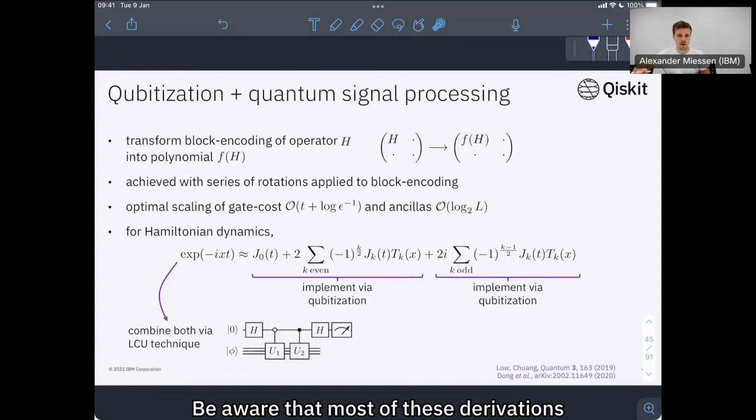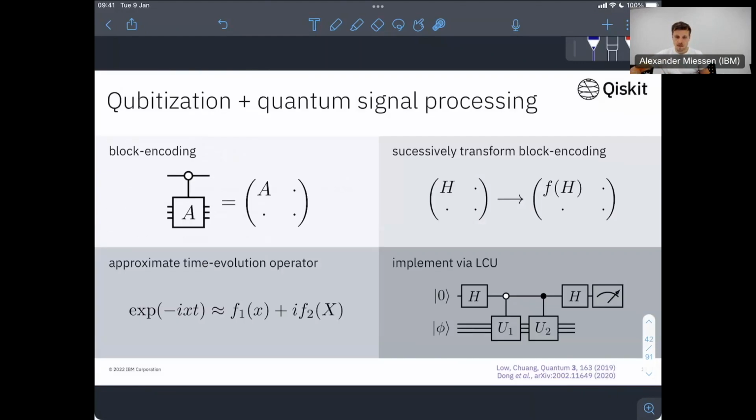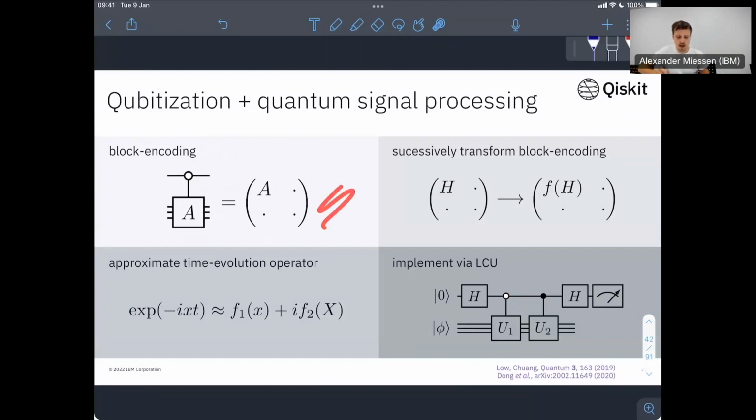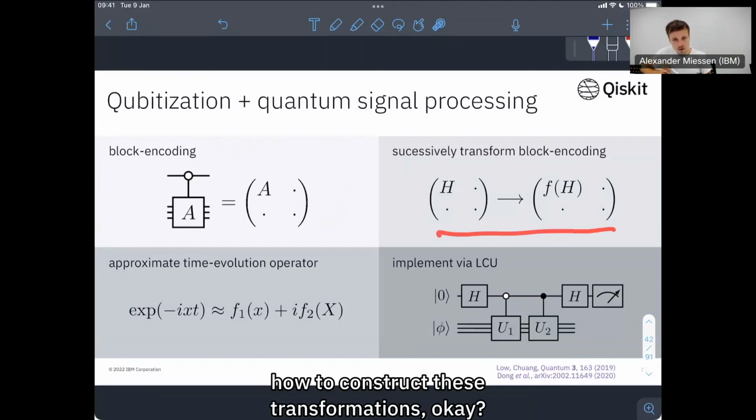Be aware that most of these derivations might not immediately become clear as to why they're connected to quantum dynamics or Hamiltonian simulation, okay? And the reason for this is that I will first go into some detail of this block encoding, and in particular, how to construct these transformations, okay?